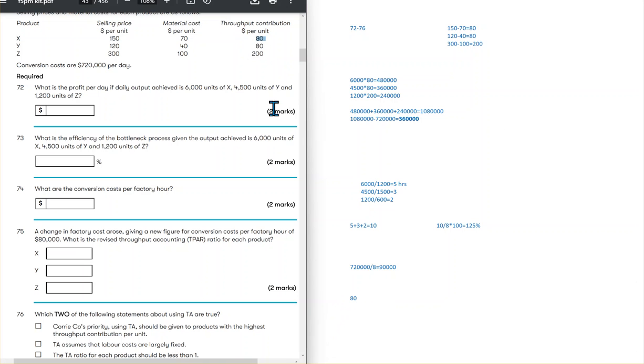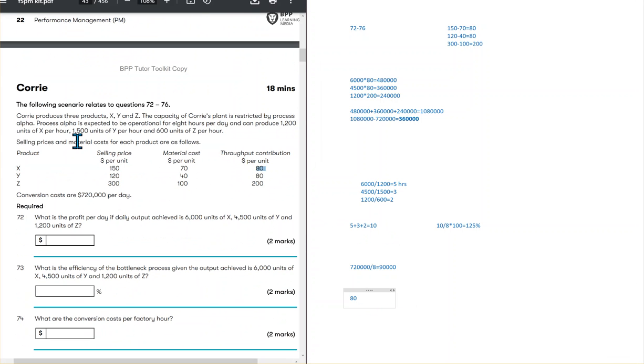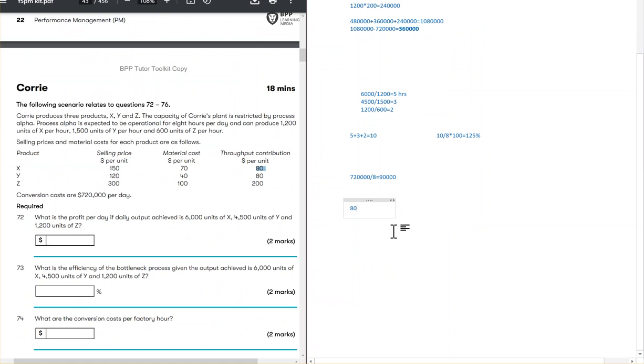Remember, this is per unit, but how many units can we produce an hour? 1200 units. So we have 96,000 per hour. 1500, so we have 120,000 per hour, and 600, we have 120,000 per hour as well.